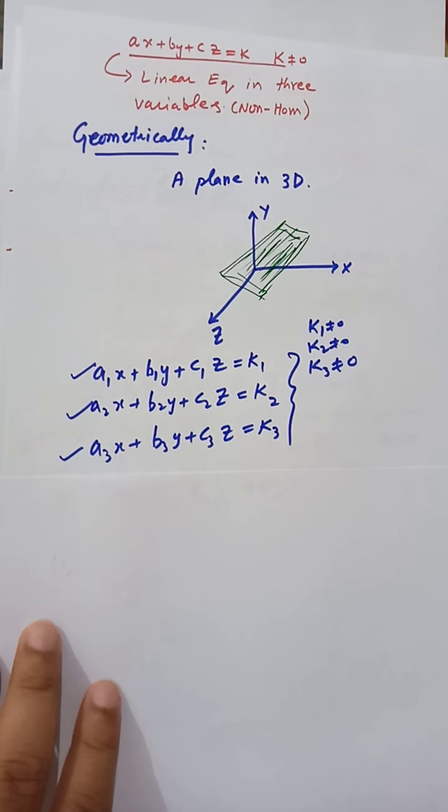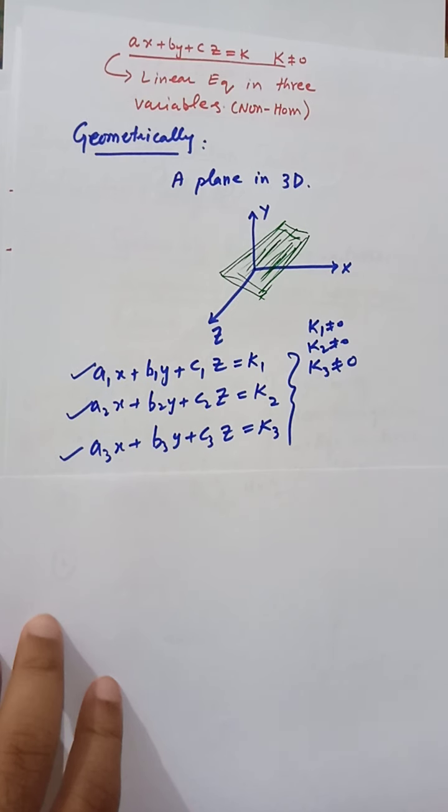The first method is the matrix inversion method, the second is the Gauss elimination method, in which we convert the augmented matrix into the echelon form, and the third method is the Gauss-Jordan method, in which we convert the augmented matrix into reduced echelon form, and the fourth method for the solution of non-homogeneous linear equations in three variables is Cramer's rule. So these are the four methods which we will use for the solution.